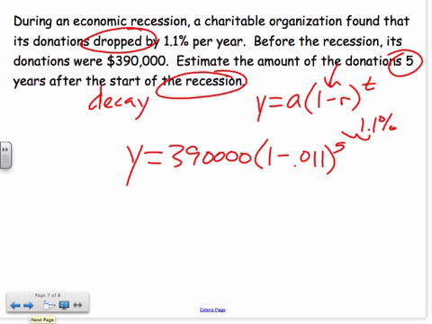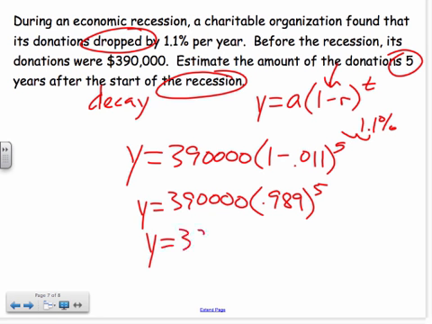And work inside of your parentheses first. So you've got 390,000 times 0.989 to the 5th power. So take that to the 5th power, and immediately take that times 390,000.